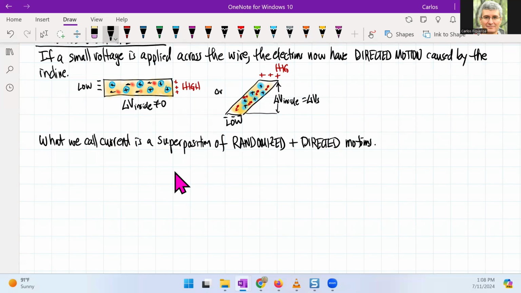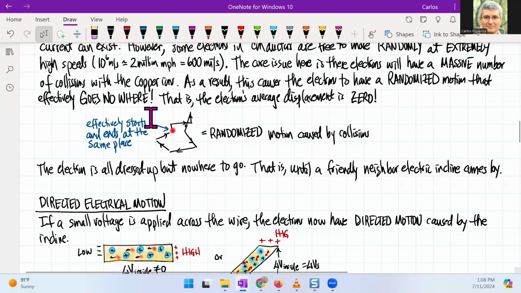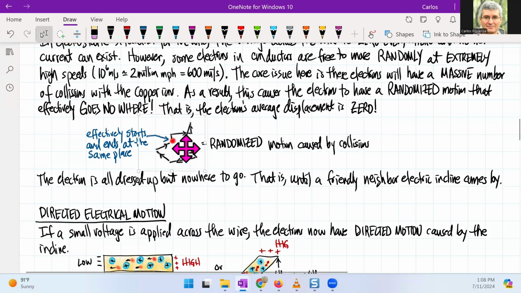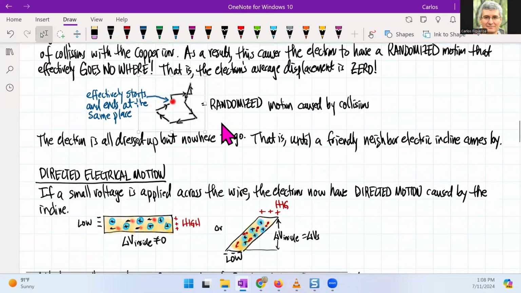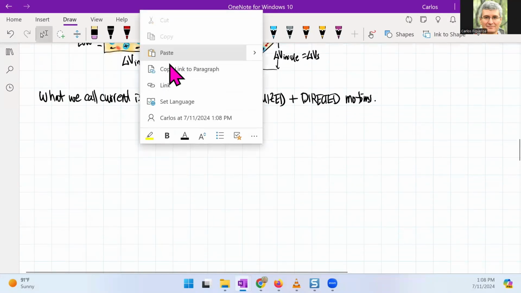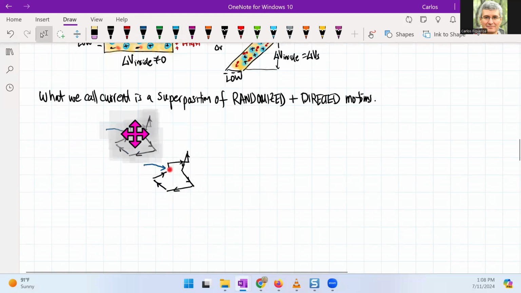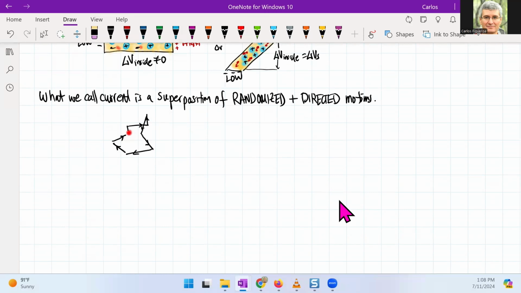So if I look at my picture, I really have this picture. Let me steal this guy right here. So if I copy this, I now have my randomized motion right here. That's my randomized motion. And that just tells us here that inside, this is still 0. Now I have an incline.